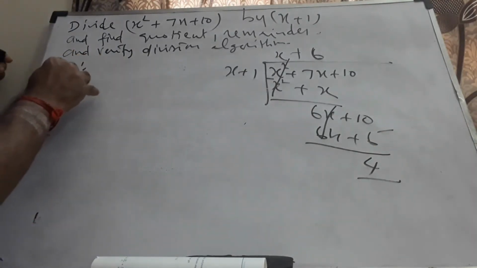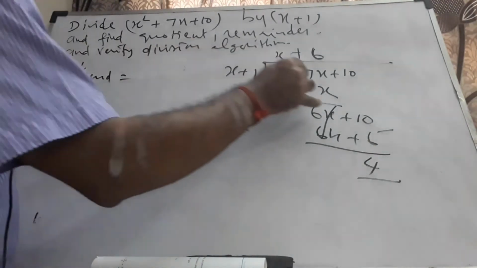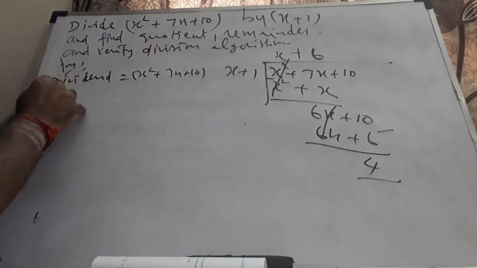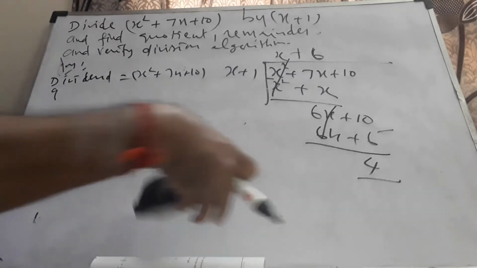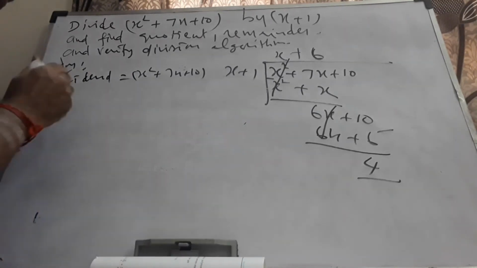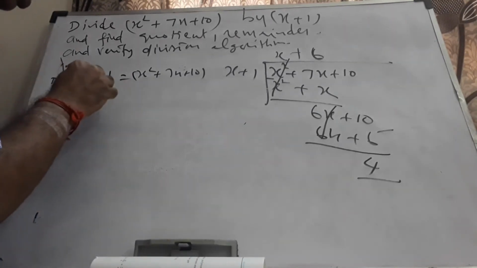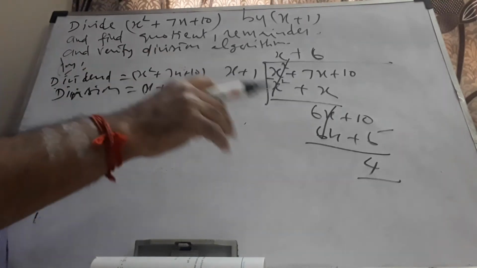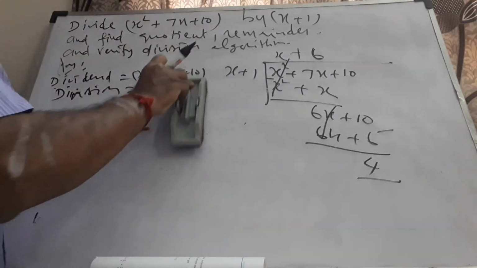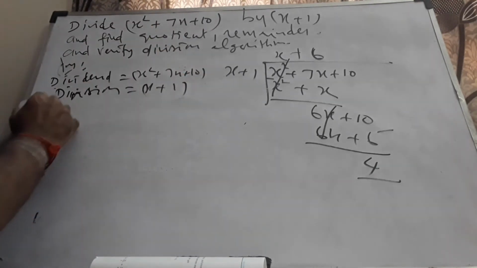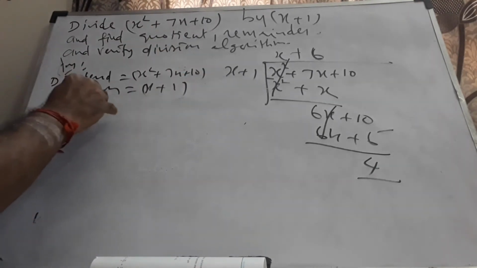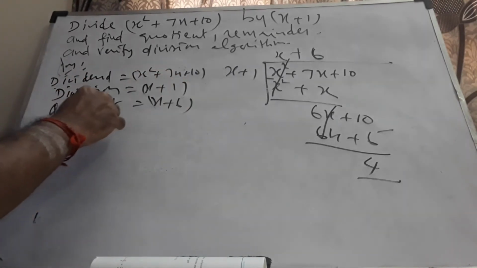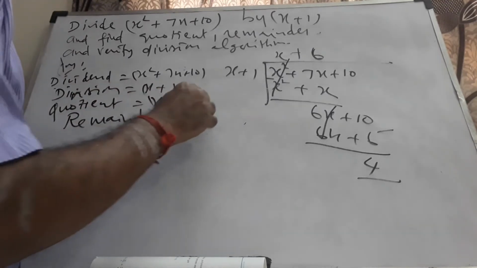Therefore, the dividend is x square plus 7x plus 10. The divisor is x plus 1. The quotient is x plus 6. The remainder is equal to 4.